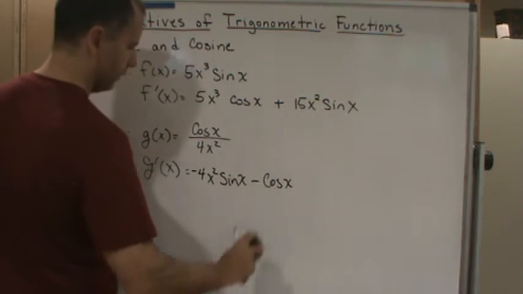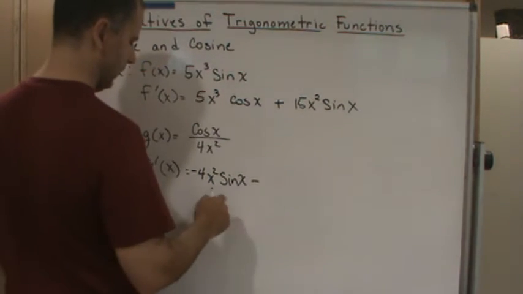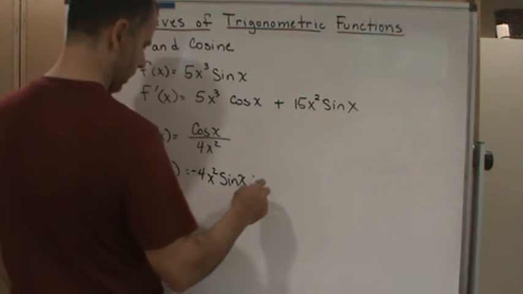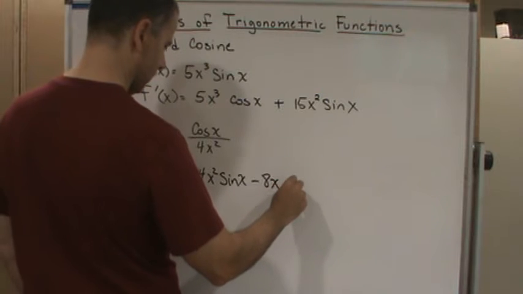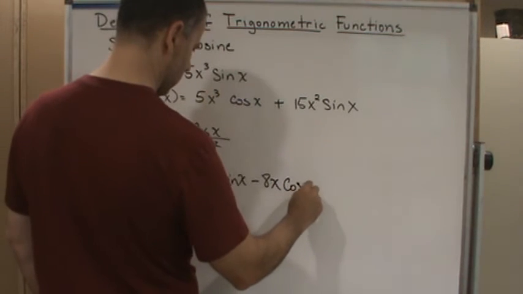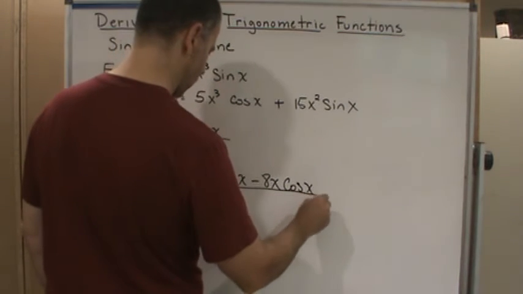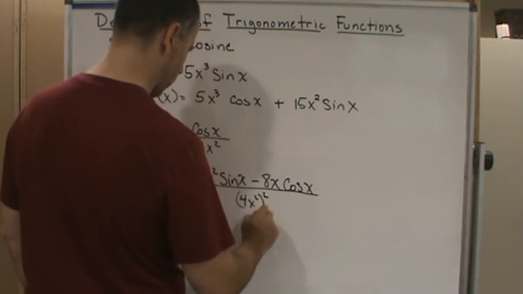So since commutative property is fine, what I'm going to do is take the derivative, so that's going to be 8x cosine x over 4x squared quantity squared.